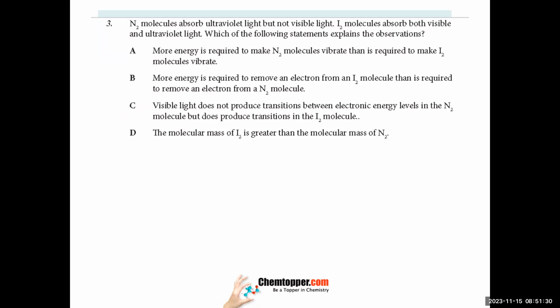Check this one. N2 molecule. Is the N2 molecule colorful? Is it colored? Nitrogen gas. Is it colored or colorless? It's a very general question. You should know it. Where is nitrogen gas? Is it there in the air? Yeah, it is colorless. Nitrogen gas, oxygen gas, they are all around you. Carbon dioxide. But do you see colors in your air?